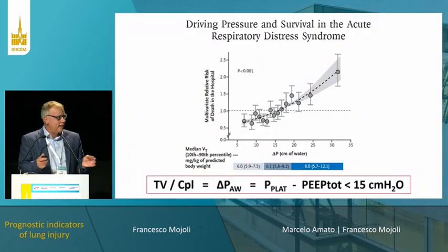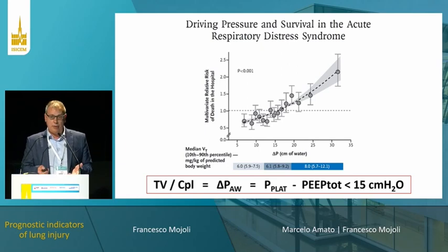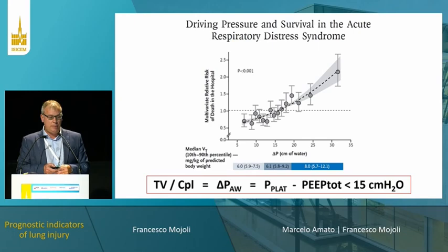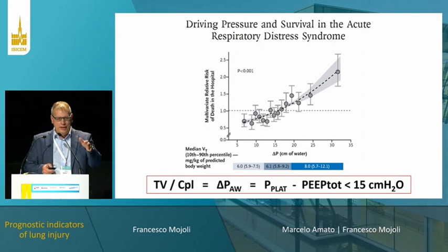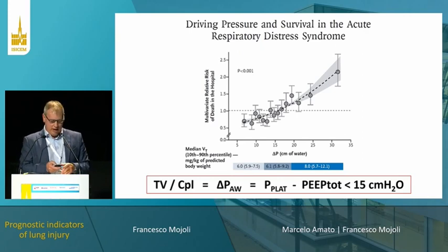And this is exactly the meaning of driving pressure, that is the difference between plateau pressure and total PEEP, but is also the ratio between tidal volume and compliance. And compliance can be viewed as a surrogate for the size of the baby lung. So we try to limit driving pressure below 15 or maybe now below 12 centimeters of water.